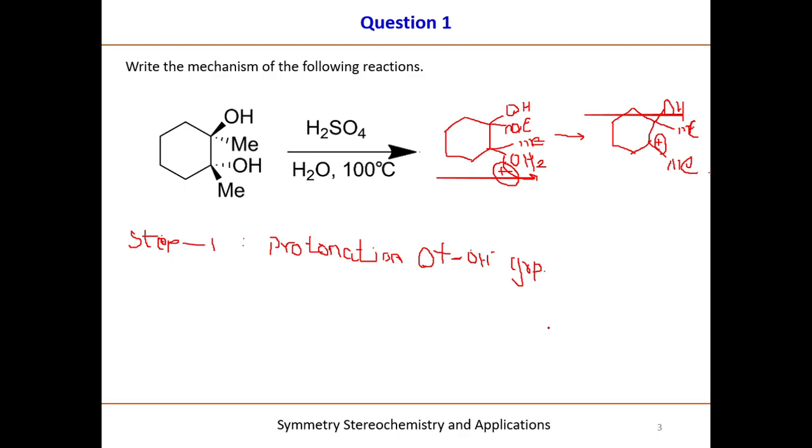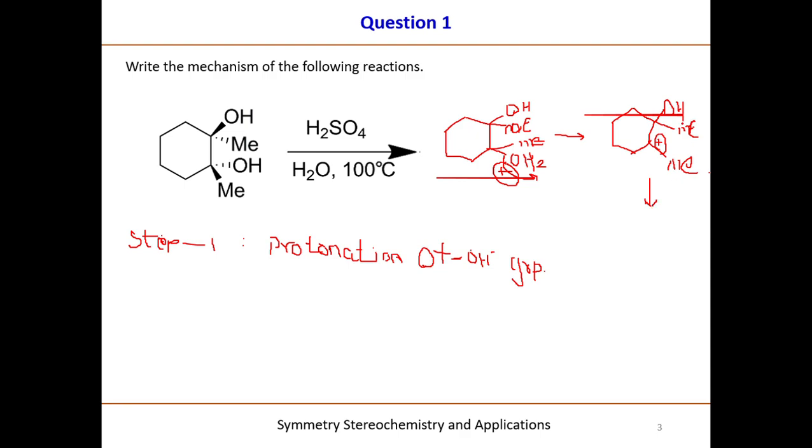After carbocation formation, what will happen? The third step will be the methyl migration on the carbocation, or any group migration on the carbocation. First we will do the methyl migration, then I will discuss the other group migration. Why does the migration take place? It depends on the stability of the carbocation. As the tertiary carbocation is stable, that's why it will undergo migration.